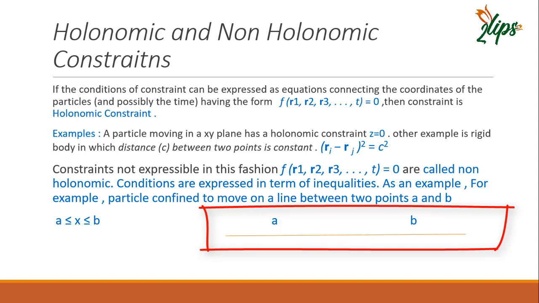This condition of constraint can be written in this way. This particular system has two types of constraints. The holonomic constraints are y = 0 and z = 0, and the non-holonomic constraint is that x is greater than or equal to a and less than or equal to b.